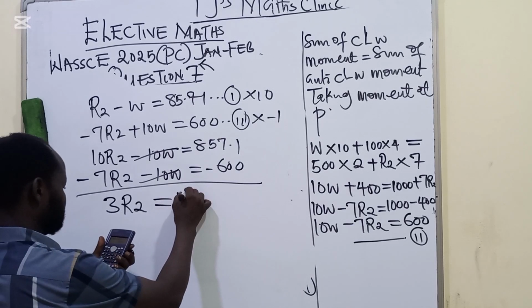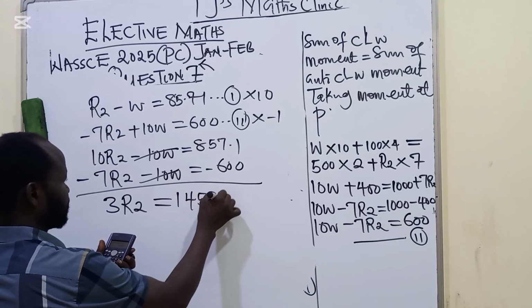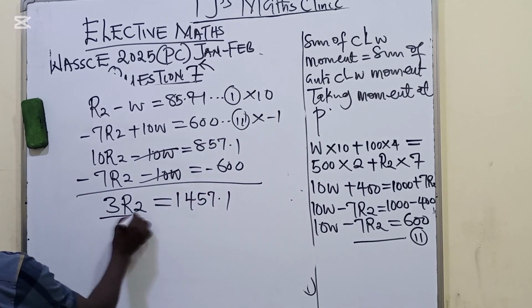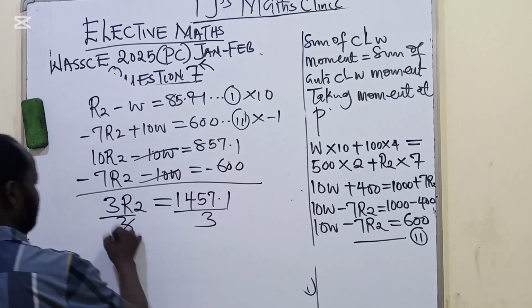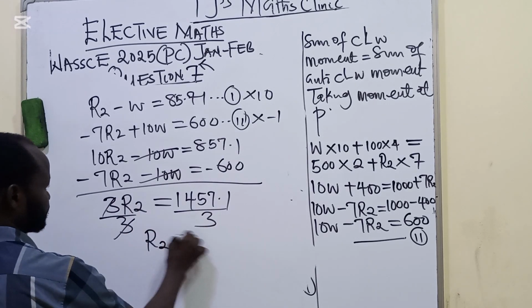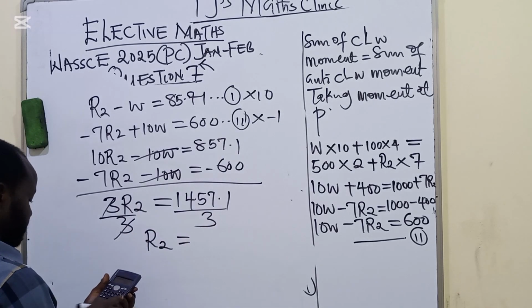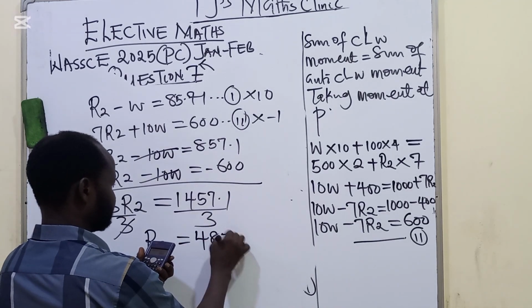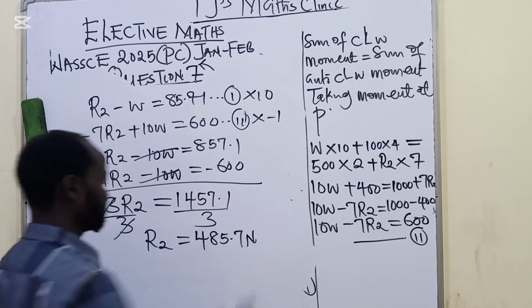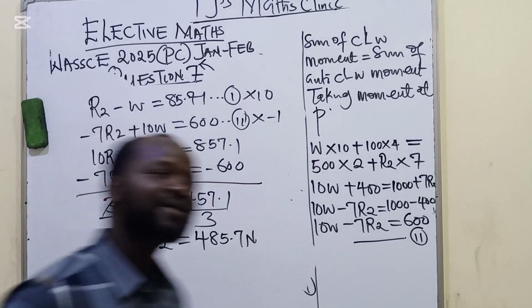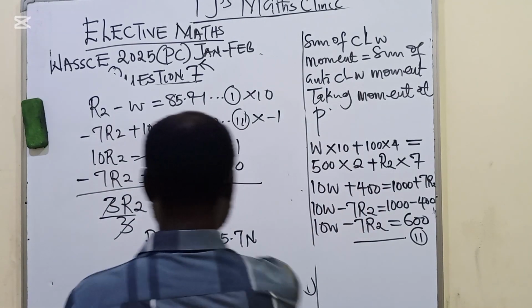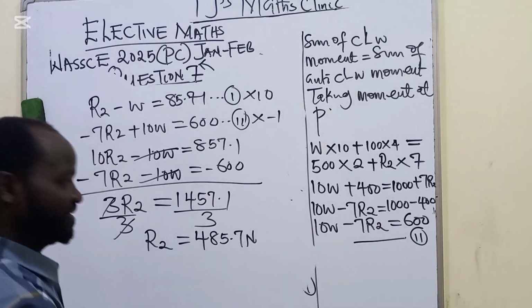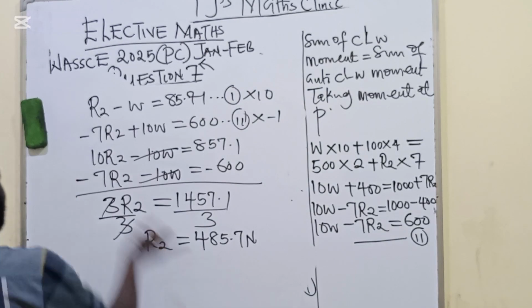That will be 1457.1. So we divide both sides by 3 to find R2. Divided by 3, that will be 485.7 Newton. This will be the reaction at Q. We are through with R2. Very important and interesting. I hope we are together.